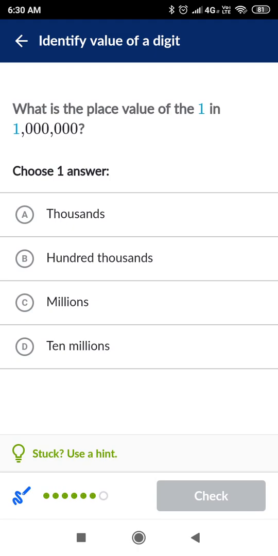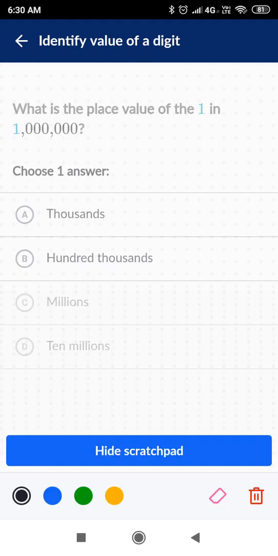What is the place value of 1 in 1 million or 10 lakhs? Okay. So we keep 1 as it is because we want to find the place value of it.